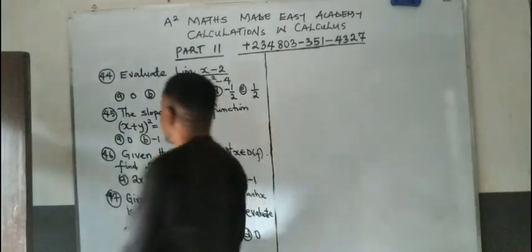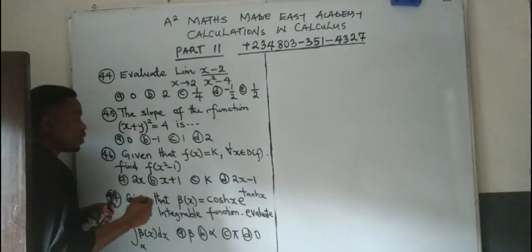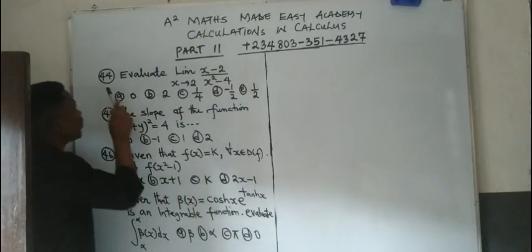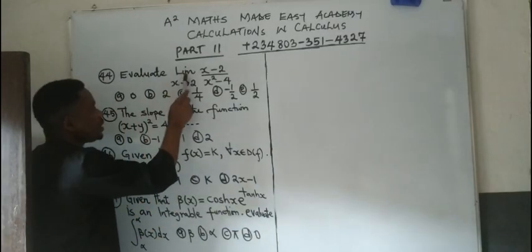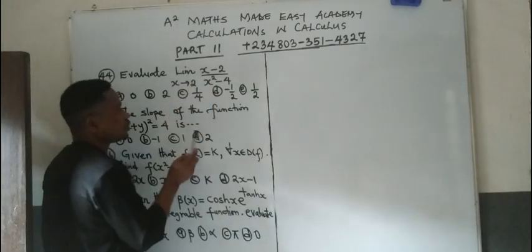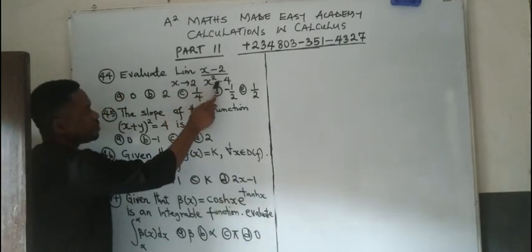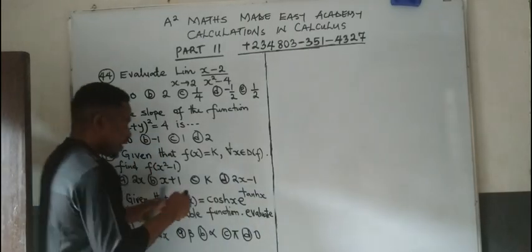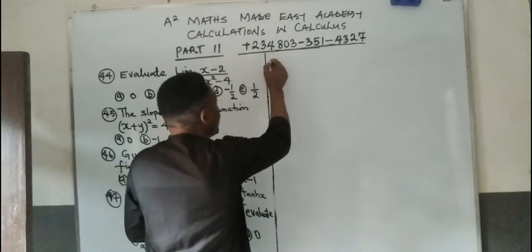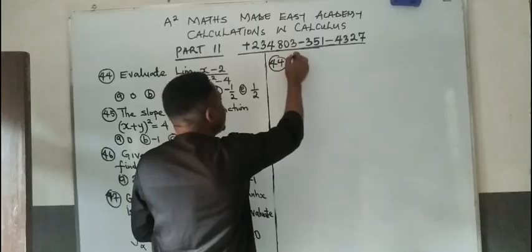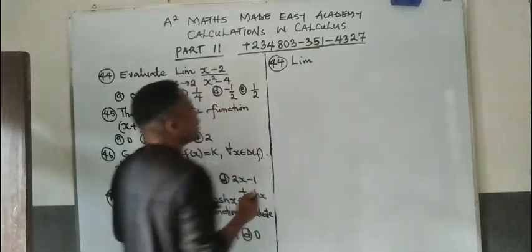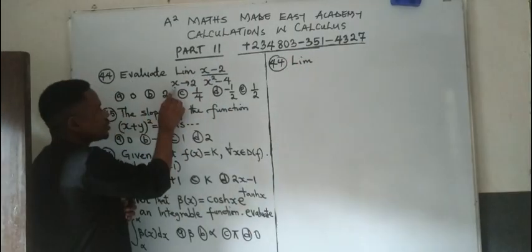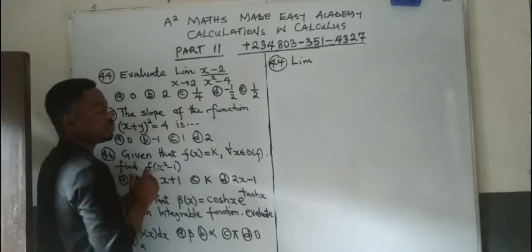Question number 44. The question says, evaluate the limit of x minus 2 all over x squared minus 4 as x approaches 2. Now let's solve it. Anytime you are given a question under limits, the first thing is to know what x tends to and substitute.